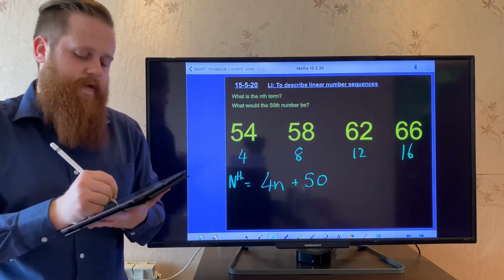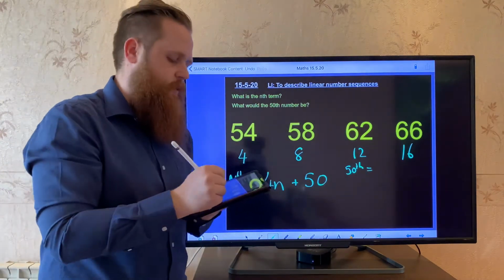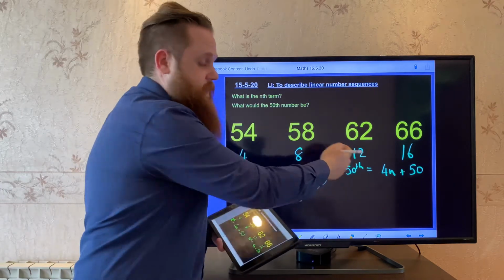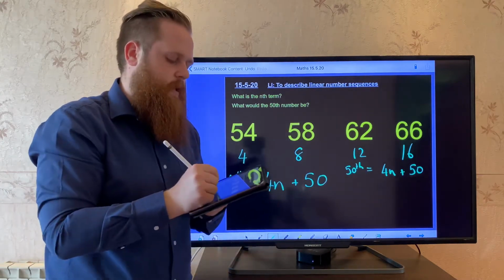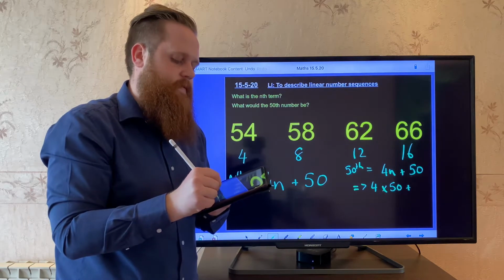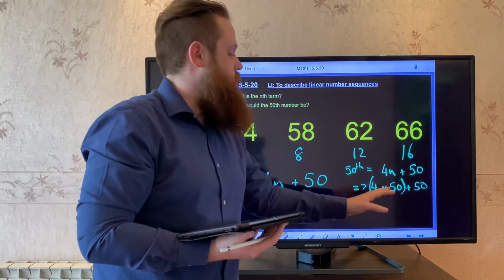So, to find the 50th term, the 50th number in this sequence is going to be 4n plus 50. Well, if n is equal to 50, because it's the 50th number I'm finding out, it's going to go to 4 times 50, add 50. Again, put my brackets in there to just tidy it up a little bit, even though you might know BODMAS.